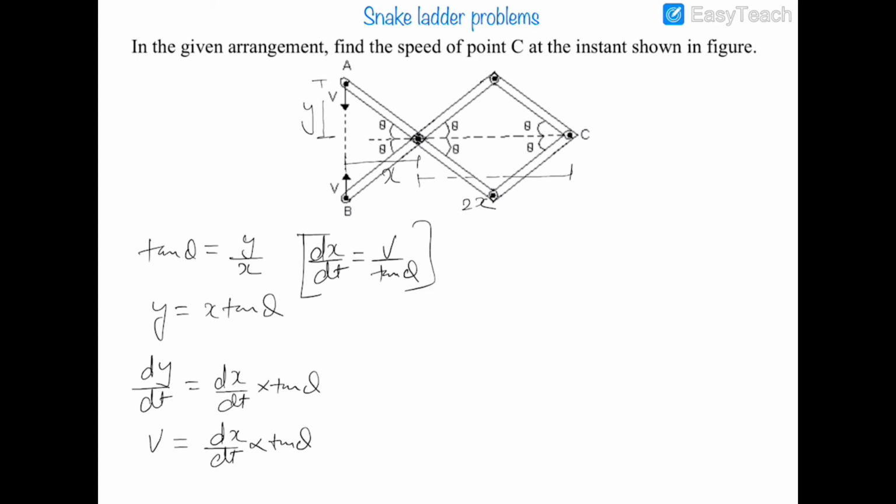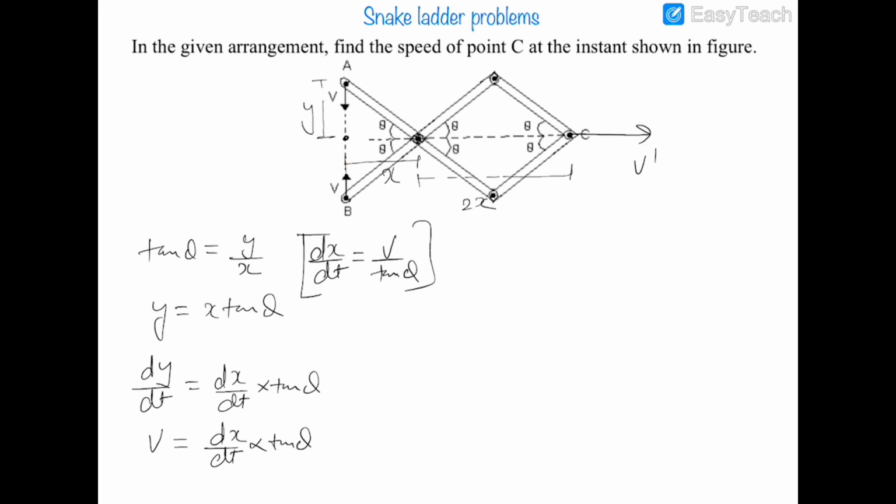Now we need to find out the velocity of point C. So let's suppose this velocity of point C is v dash. This point is not moving along the x-axis because its velocity is not given to us, and we are assuming that A and B are only moving along the y-axis.